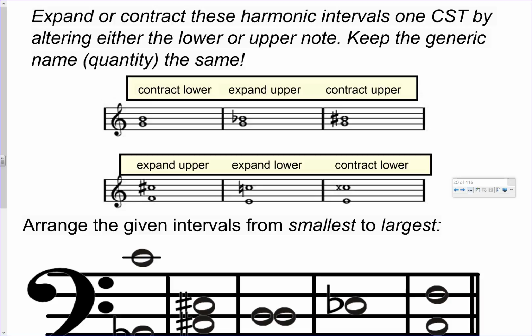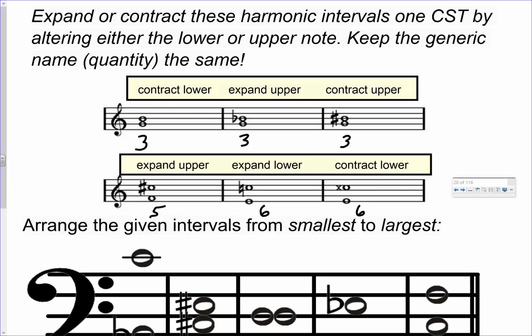So in the first measure, we're dealing with thirds. Second measure, thirds. Third measure, thirds. In measure 4, we have a fifth. In measure 5, we have a sixth. And in measure 6, we also have a sixth.